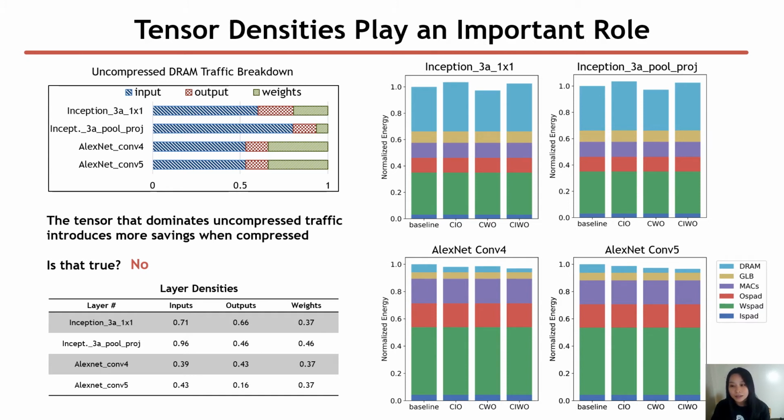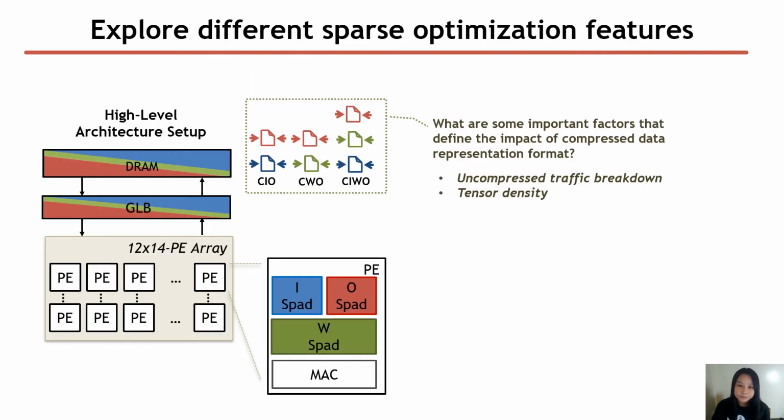That's exactly the reason why when we put this sparse optimization into Timeloop V2, we can see that it's not actually giving us any saving, instead it's causing more overhead. And for the other layers, inception 3A 1 by 1 and convolutional layer 5, it is due to a similar reason, where you have a denser input tensor, and even if it dominates the uncompressed DRAM traffic, it is not the best choice when we pick a compressed data representation.